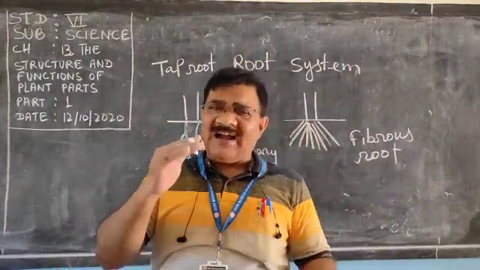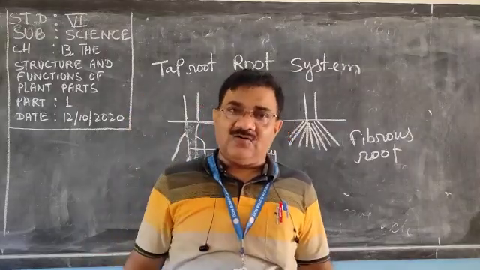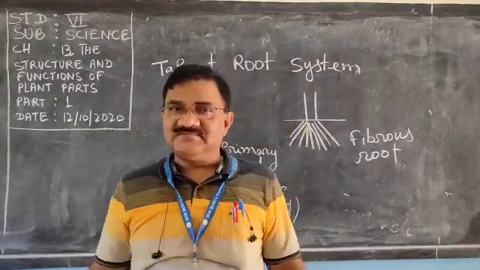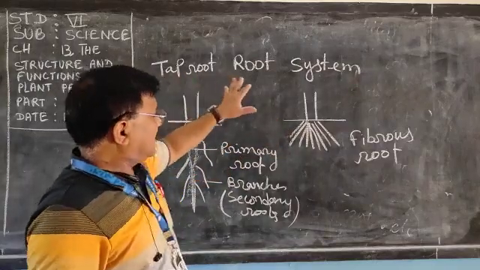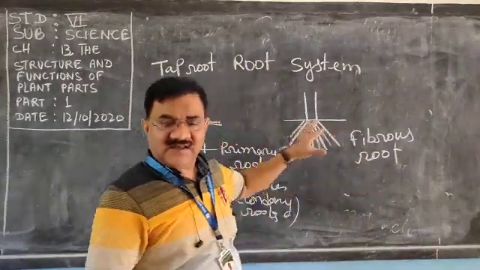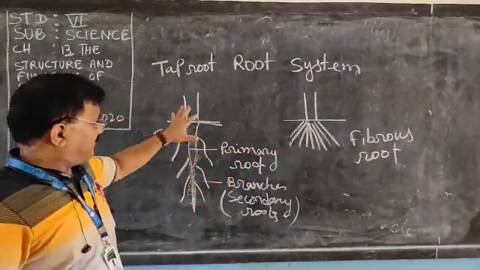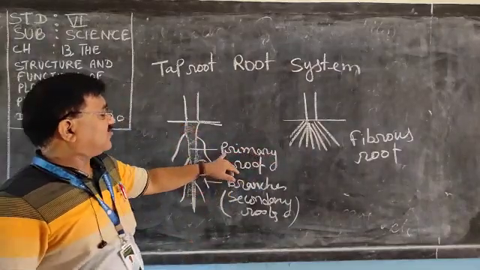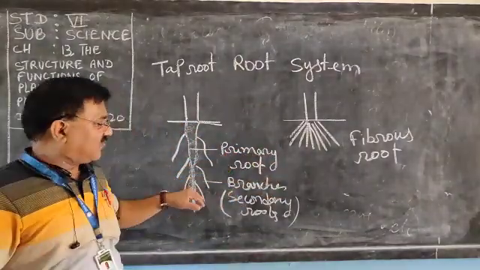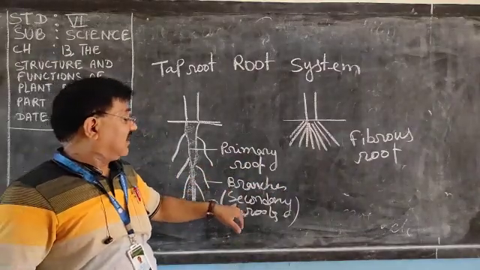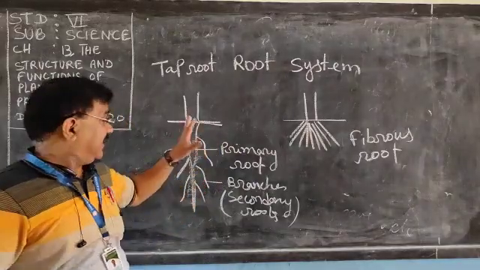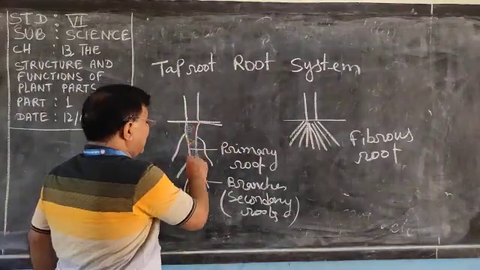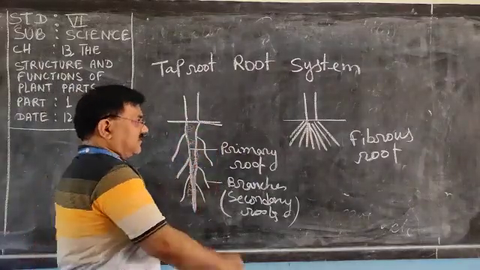So dear children, the part of the plant which is present under the ground forms the root system. Two types of root system are there: taproot and fibrous root. In taproot, one long main root, called the primary root, is there, and from it branches come out, called secondary roots.